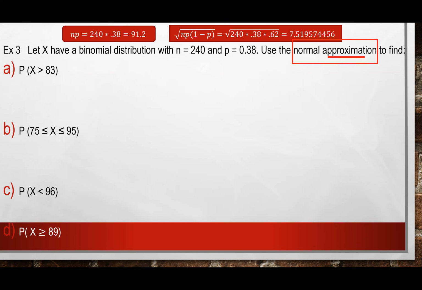They can give you whatever story they want, but again, here there's no story behind the data. Hopefully you can see that they give you this data, and what we need to do is use the normal approximation. We need to have the mean, we need to have the standard deviation. And once we have this, again, we need to adjust our endpoint.